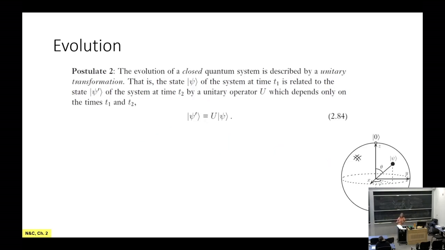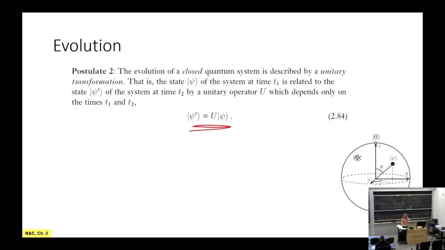Okay, so the second postulate of quantum mechanics asks, how does the state, our initial state psi, of a quantum mechanical system change with time? And the postulate says that the evolution of a closed quantum system is described by a unitary transformation. So the state psi of the system at time t1 is related to the state psi prime of the system at time t2 by some unitary operator U, which depends only on the times t1 and t2.